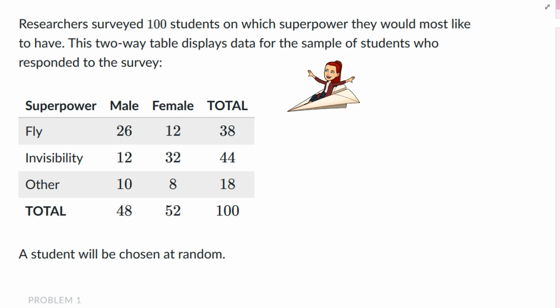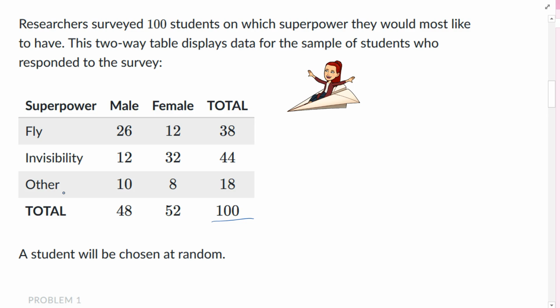Now that you've had a few minutes to visualize that, we're going to look at an example. This example could be drawn in a Venn diagram, but they give us a table, which is a little bit more organized to see what's happening. So we had 100 students surveyed, and they decided to pick the superpower fly, invisibility, or another superpower.